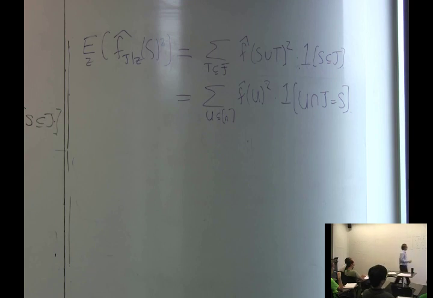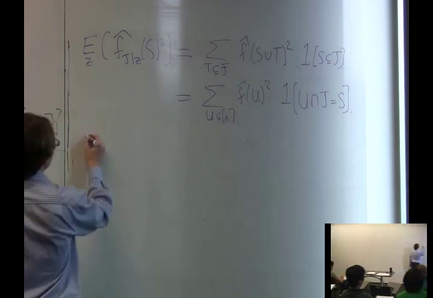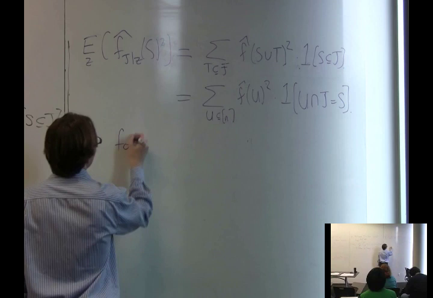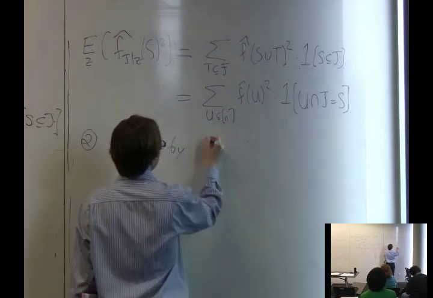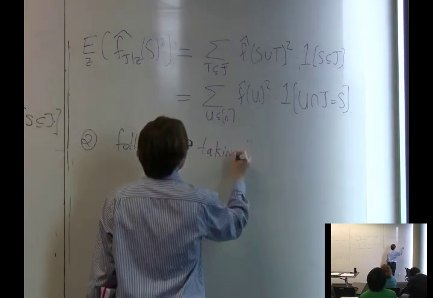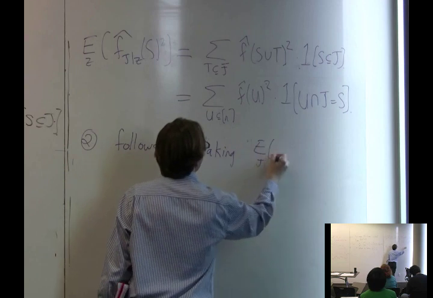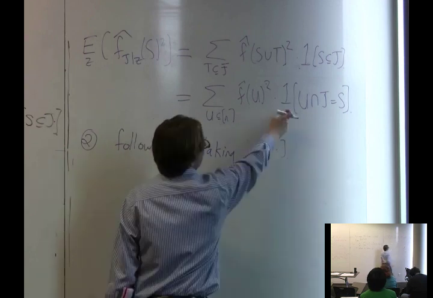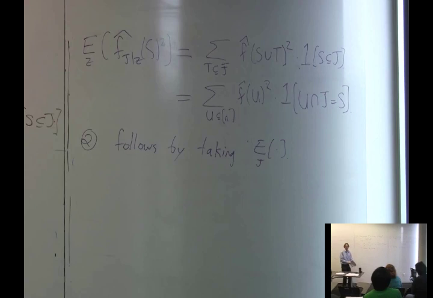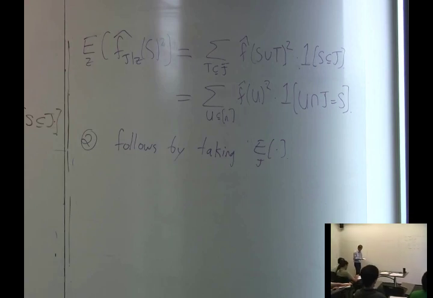Okay, and once you reflect and see that, then the second formula again follows by taking the expectation over J. This will just turn into the probability over J that u intersect J equals S. Okay, how about a question about that?